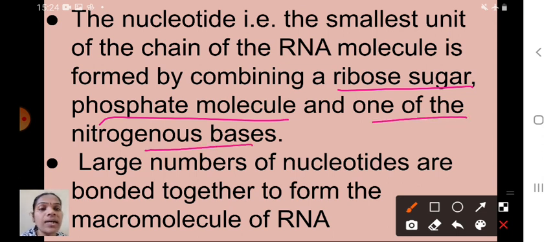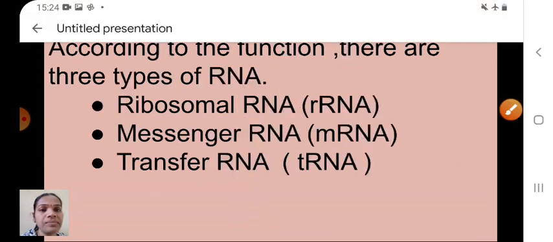Large numbers of nucleotides are bonded together to form the macromolecule of RNA. Understood, children? So what is formed? The macromolecule of ribonucleic acid.